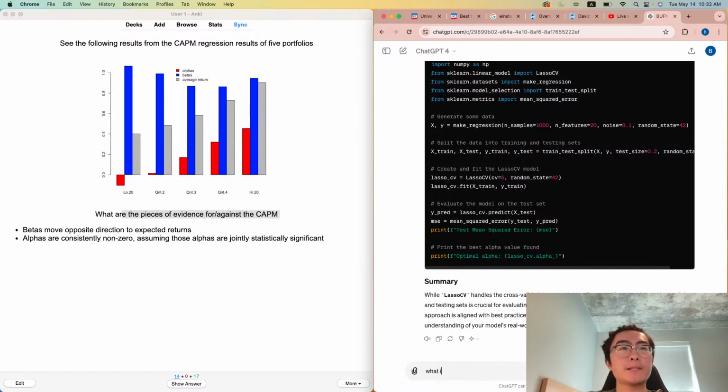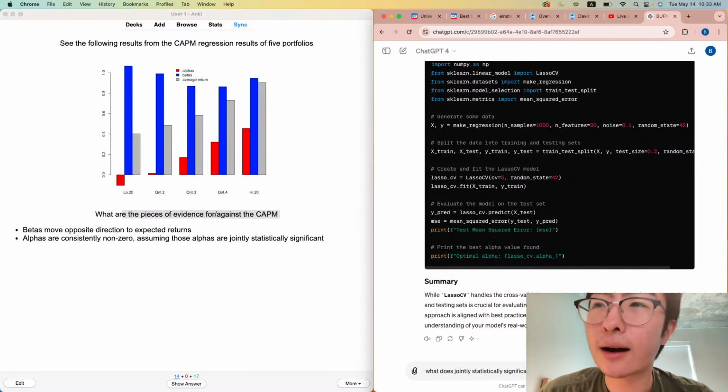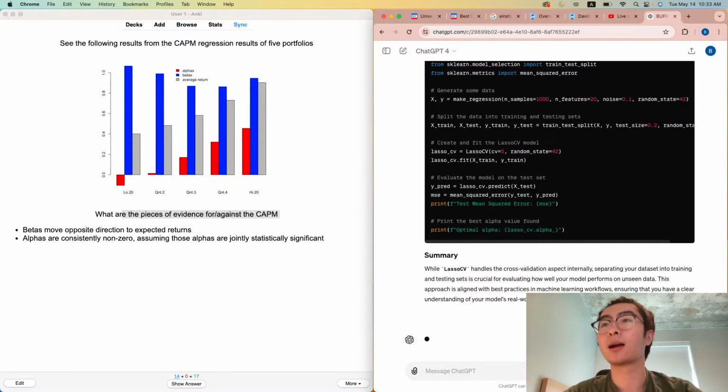Okay, so what does jointly statistically significant mean? It looks like I'm just texting someone.